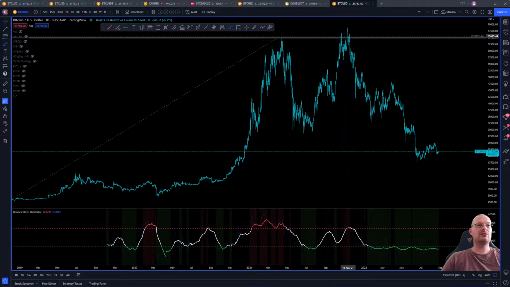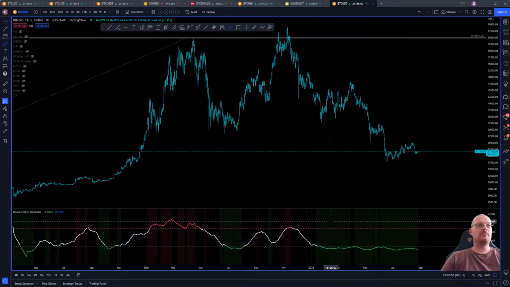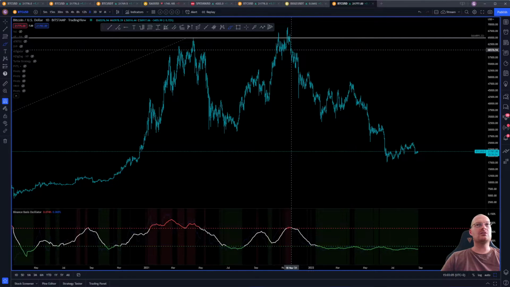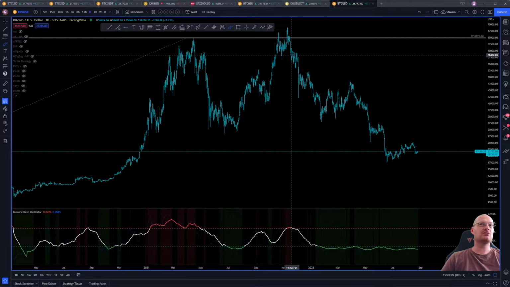And then again here on the all-time high, we get into an overbought condition. We turn from red back to white over here. So this is the last moment we get out. And then you get out around 58,000. So you missed out about $10,000 from the top.